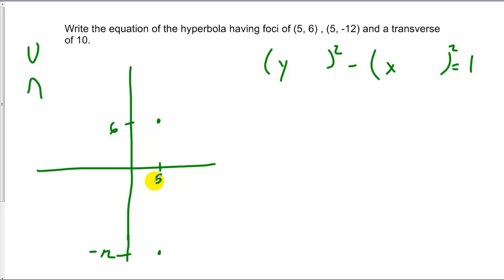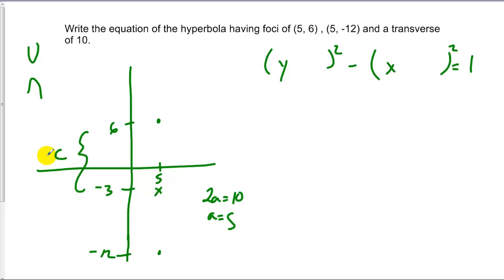And I know that once again my center is midway between these 2 points. I have a total of 18 between them now. So 9 is going to get me to my center. And this distance here will be equivalent to C. Next, I'm being told that my transverse axis is 10, so therefore I know that 2A is equal to 10, therefore A is equal to 5.